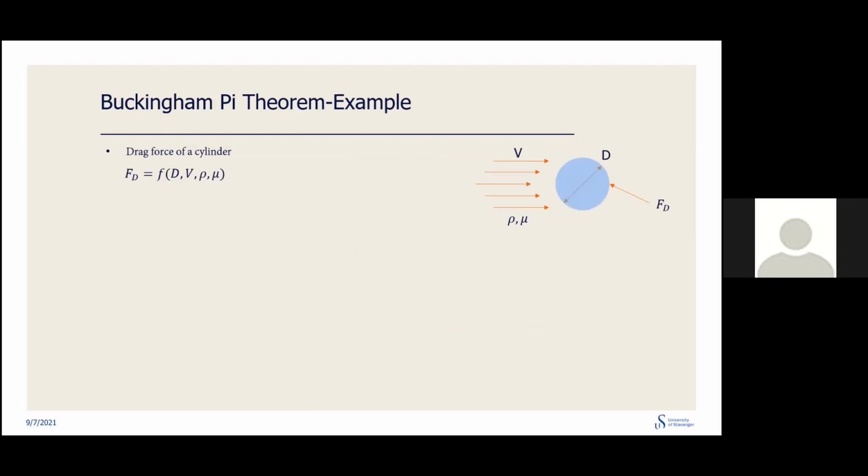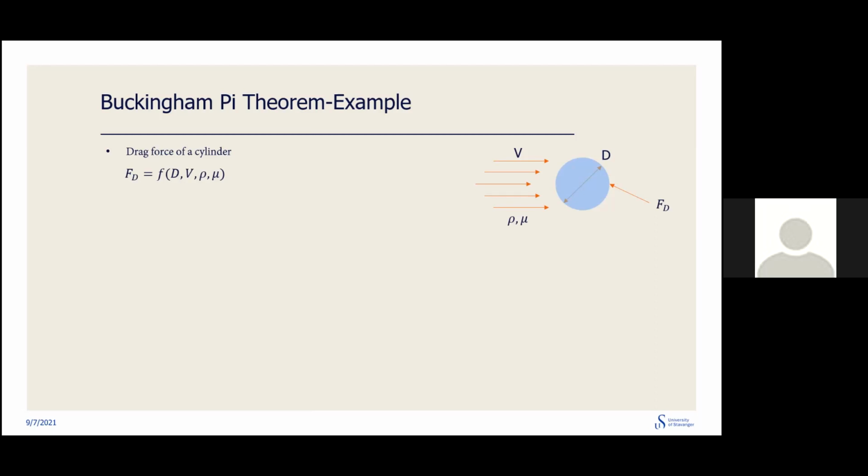Consider I'm working for a company and my boss asks me, okay, Payam, find the drag force on a smooth cylinder in a wind tunnel. I said, okay. First, I have to find out the dependent variables.